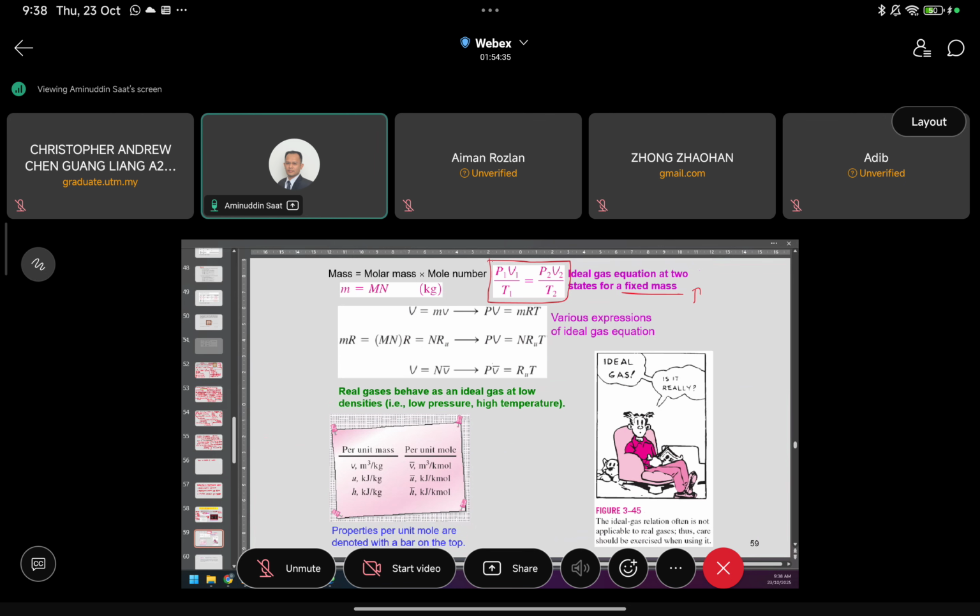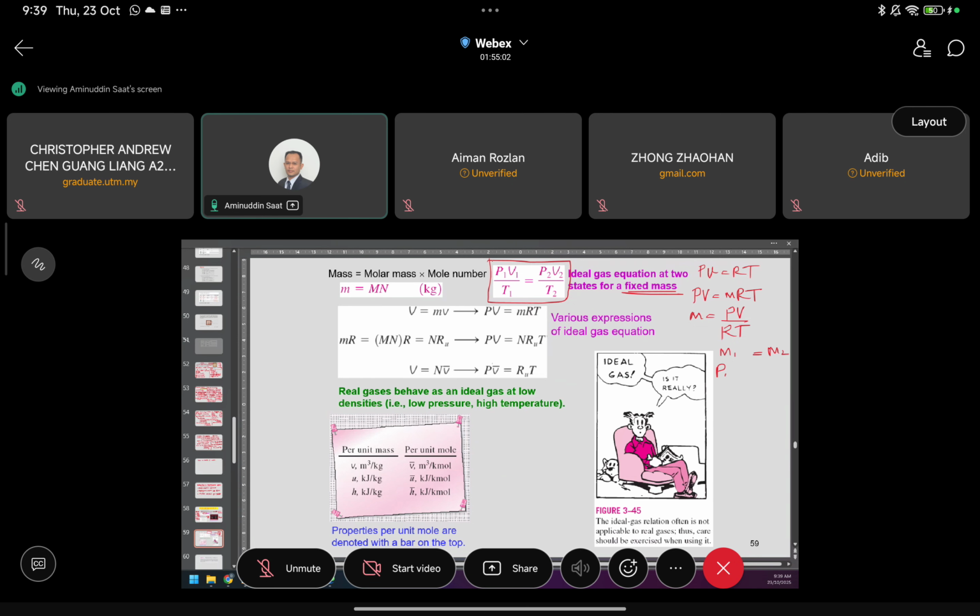Basically using PV = mRT or PV = RT, so you bring the m, so m = PV/RT. For a fixed mass, m1 equals m2.